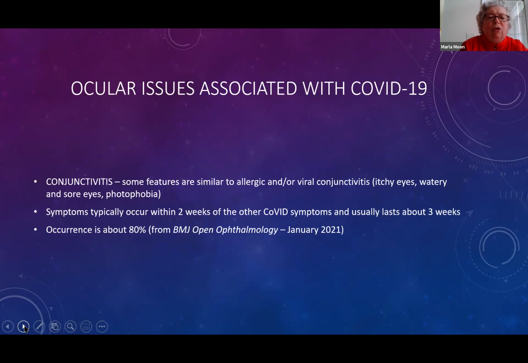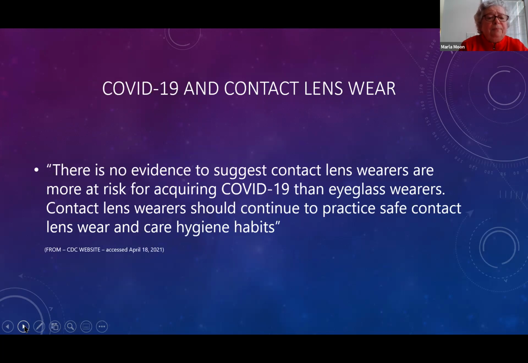They found that the occurrence of conjunctivitis in positive COVID cases was about 80%. So I'm sure there were some cases that we may have seen and treated as conjunctivitis that eventually went on to other symptomatology of full-blown COVID. And again, this shows the importance of being protective of ourselves, but our patients as well. Next slide, please.